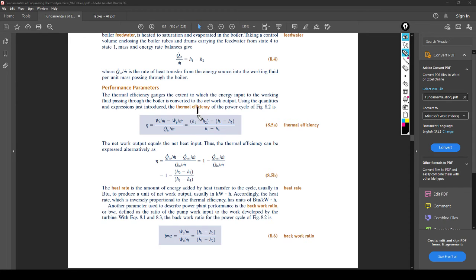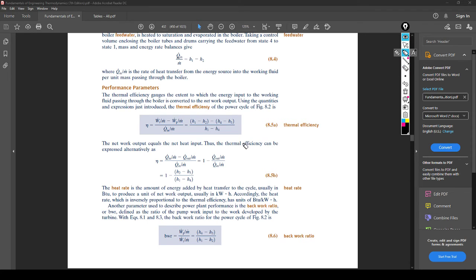So this right here is turbine work. This is pump work. Turbine work minus pump work over heat in right here, so this is the boiler. So H1 minus H2 minus H4 minus H3, divided by H1 minus H4.